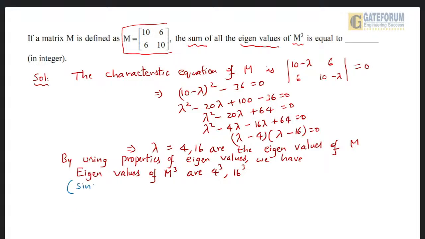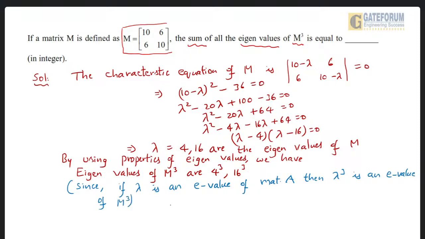Since if lambda is an eigenvalue of matrix A, then lambda cube is the corresponding eigenvalue of the matrix M cube.